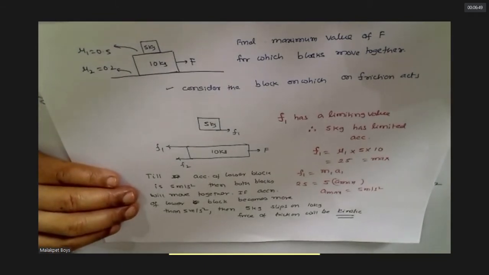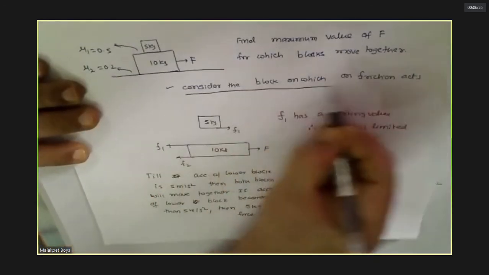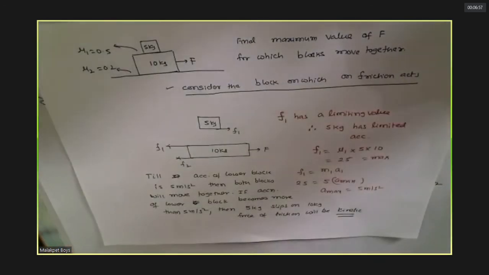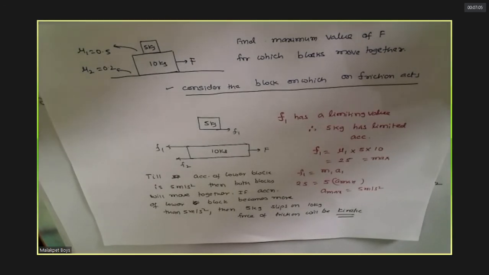Understood it? So here remember, consider the block on which only friction acts, because that decides the motion. Followed? Like when five people are moving and there is a small kid, your acceleration depends upon the acceleration of the kid. You may be capable of running faster or walking faster, but the kid has no capacity. So you are controlled by the kid. Understood or not?